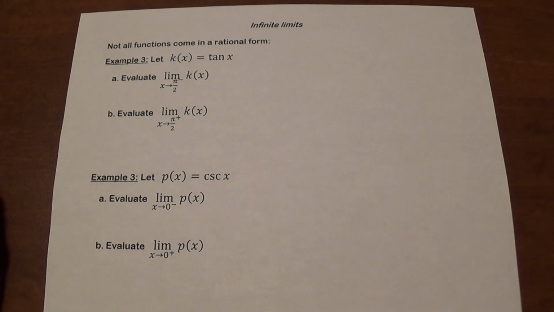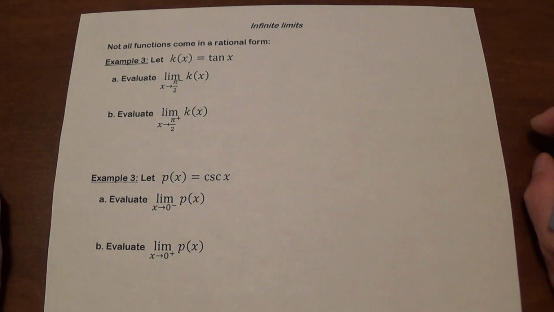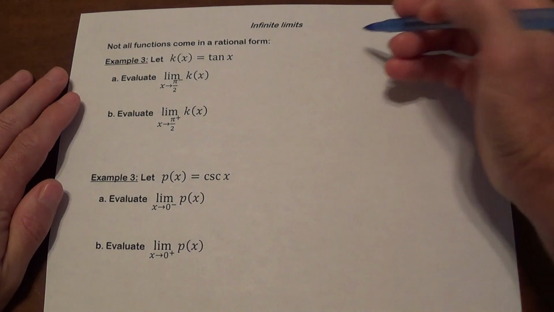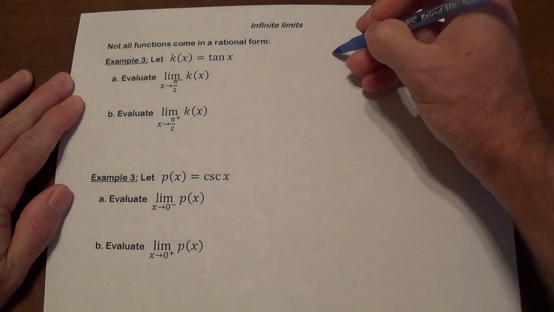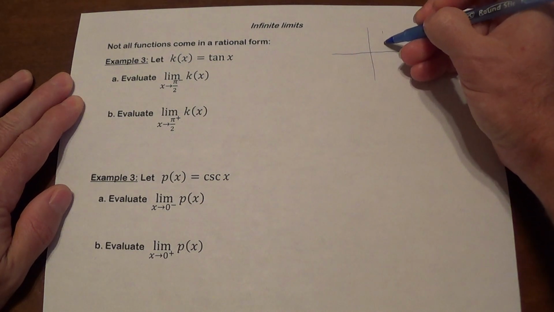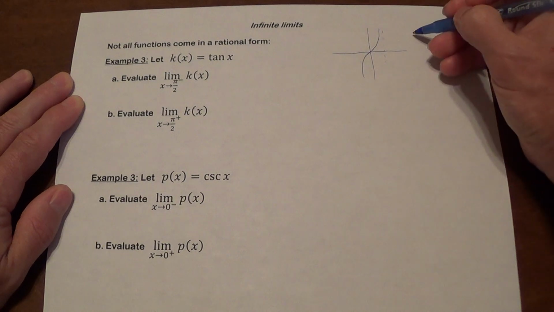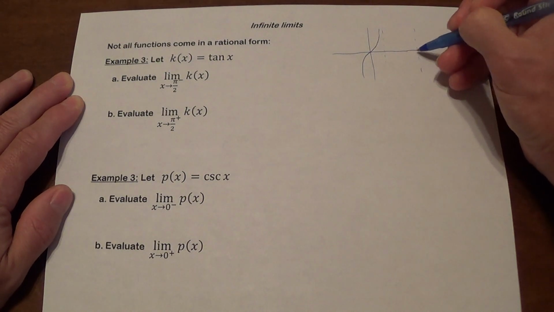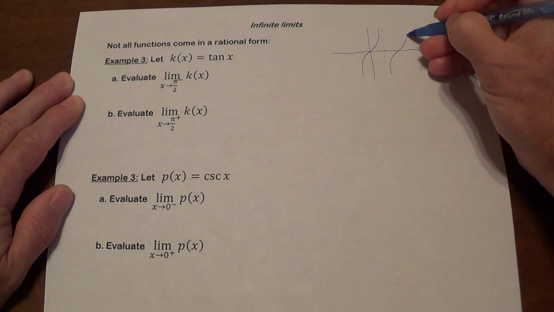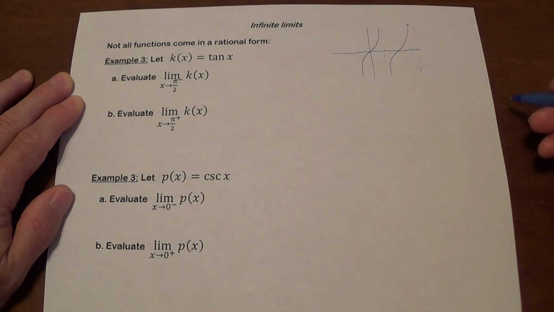It's a little bit trickier to do this analytically, but if you remember the graph of tangent, tangent is sine over cosine. So it consists of a bunch of branches that go like this. Okay?